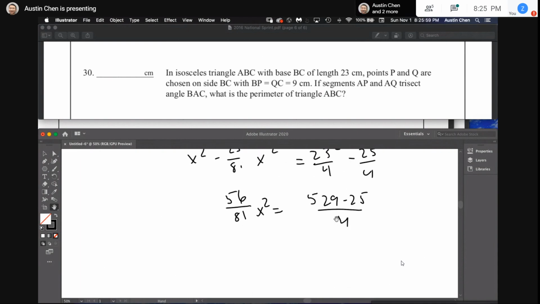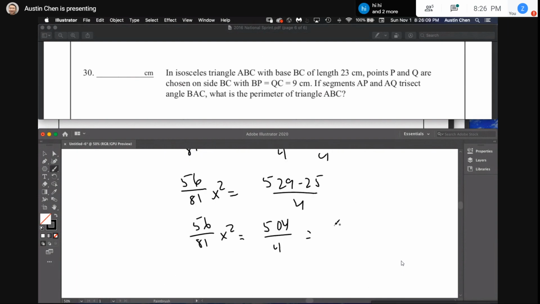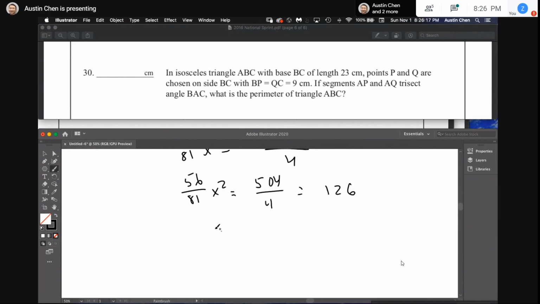I think that's right. And then we'll have 56 over 81 x squared equals 504 over 4, which is equal to 126, I think. So then we have x squared equals 81 times 126 over 56. So we can take out a 2, 63 and 28, and we can take out a 7.